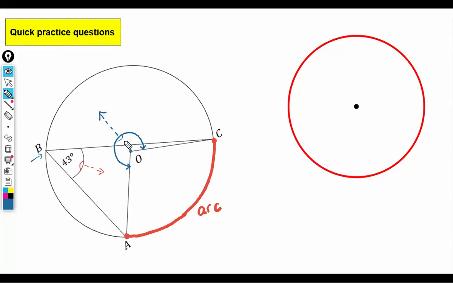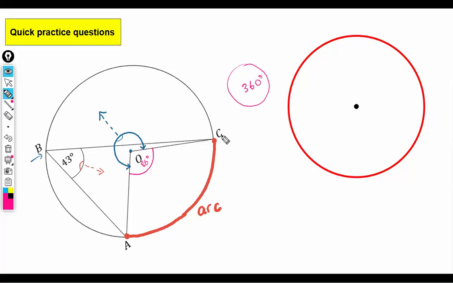So how do we get this angle? Well, remember earlier, we reasoned out that this angle here was 86. From primary school, a full circle is how much degrees? Do you all remember from primary school? A full circle is how much degrees? 360 degrees. Remember that?